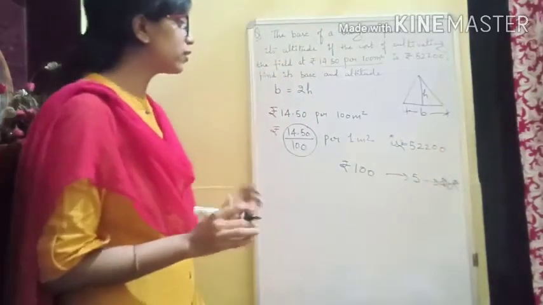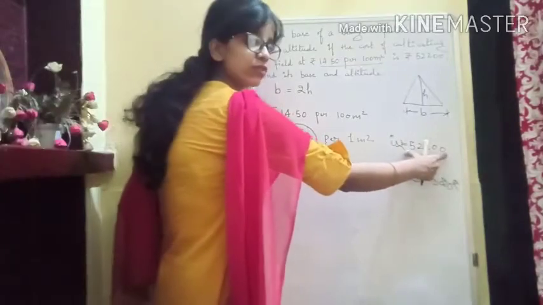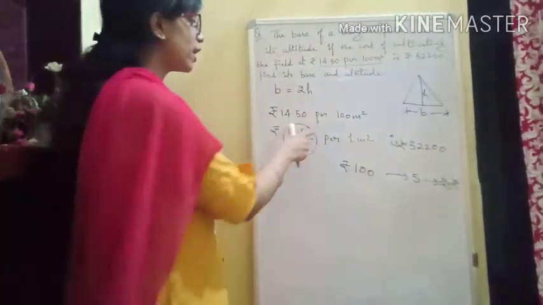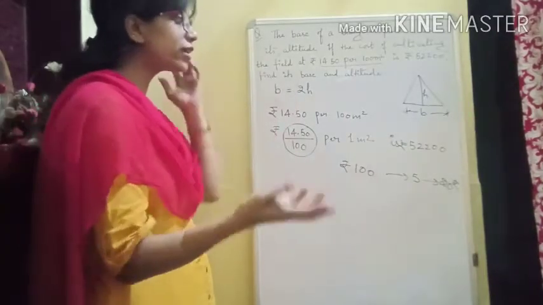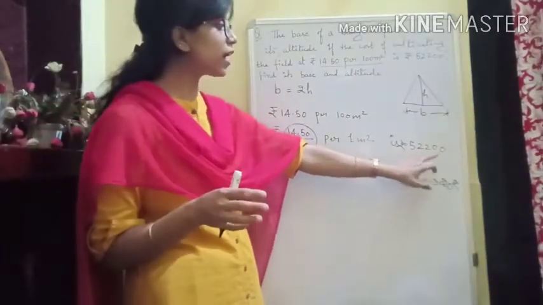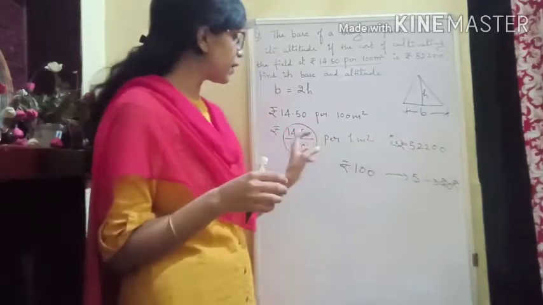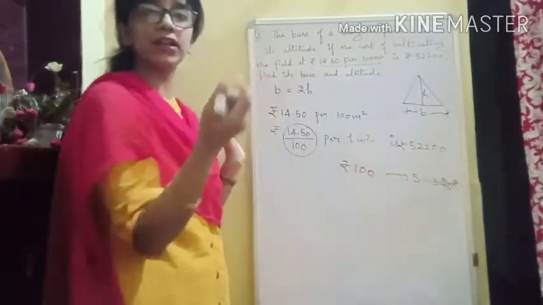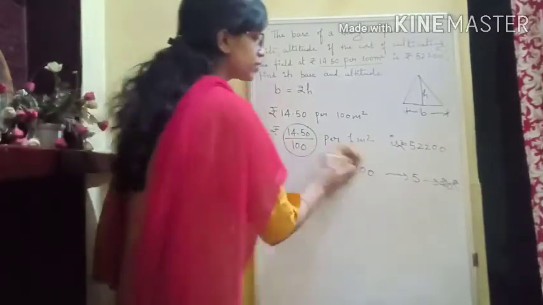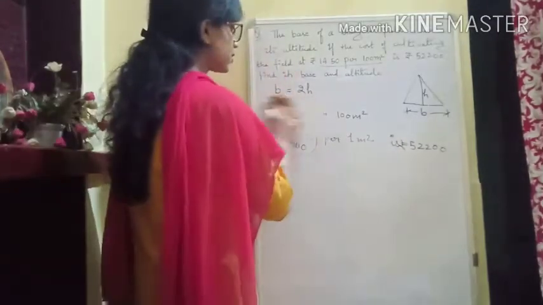So it's simple here. I am giving this total amount, and per meter square I am giving this. To calculate for what area I am giving this money, we simply have to divide this money by the cost per meter square, and you will get to know for which value of the area I am giving this money. So now it's simple.